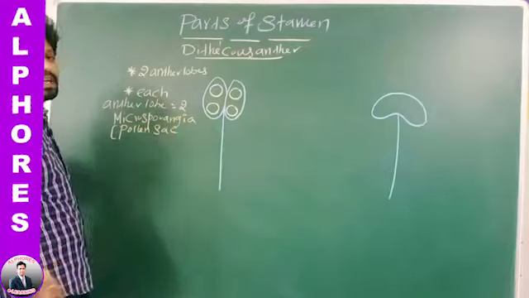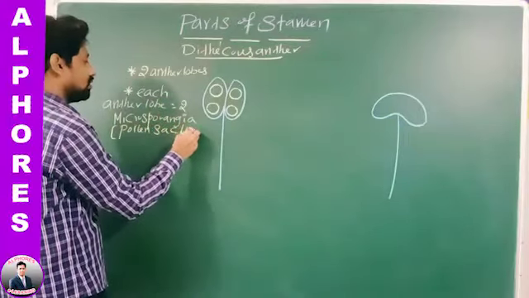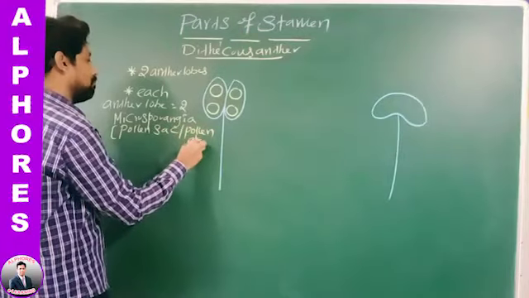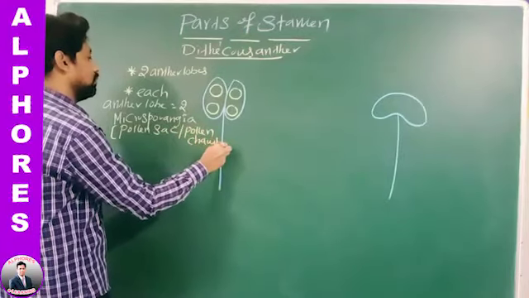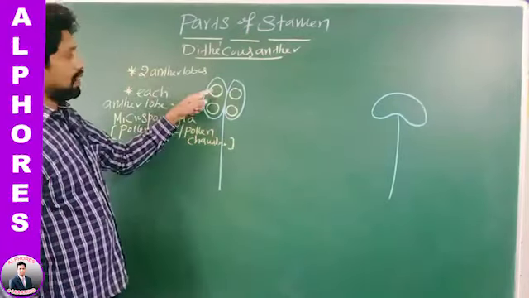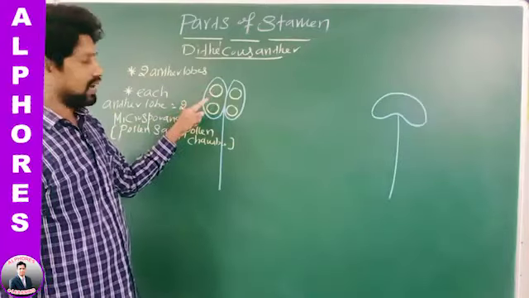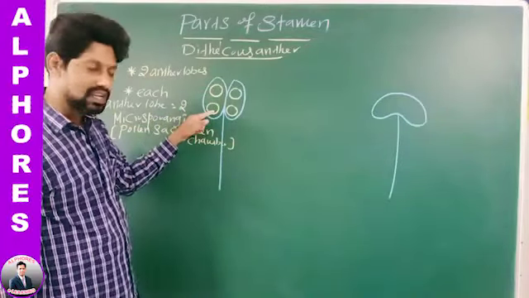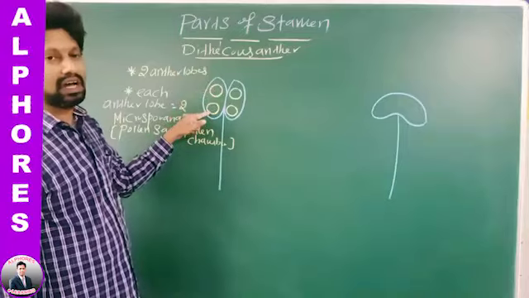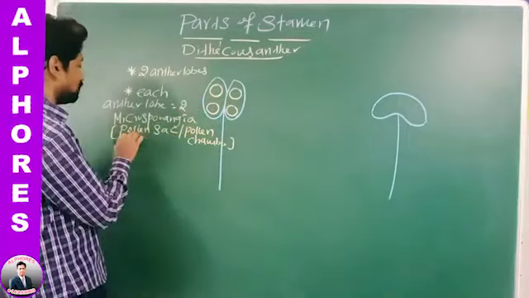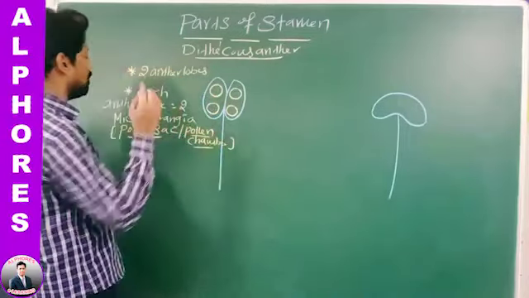What is it called? Pollen sac. It is also called a pollen chamber when it is filled with pollen grains. When the microsporangia are filled with pollen grains, we call them pollen sacs or pollen chambers.